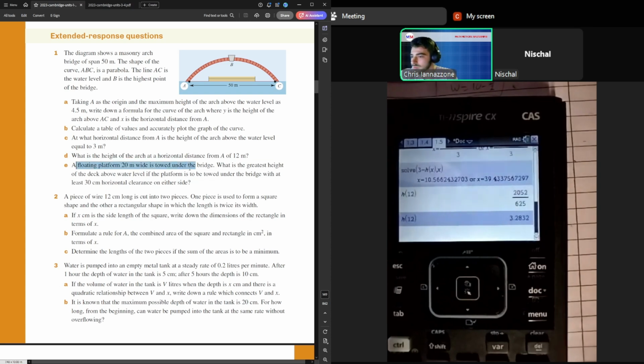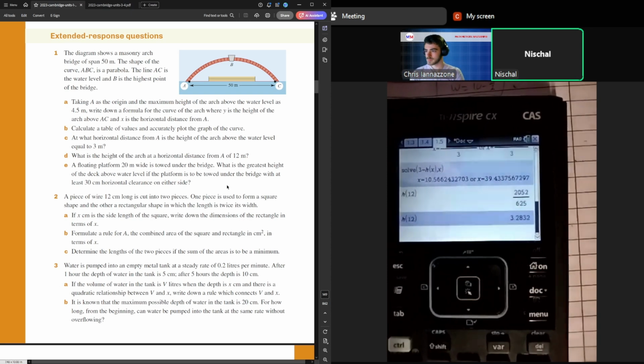Well, hang on, let me have a read of this properly then. A floating platform 20 meters wide is towed under the bridge. So probably this yellow thing. It's the greatest height of the deck if the platform is put out with at least 30 centimeters. So you'd say dead center. You'd want it to be dead center. Yeah, it would maximize the height.